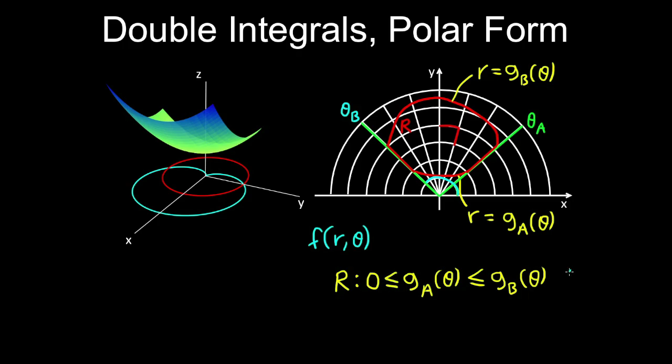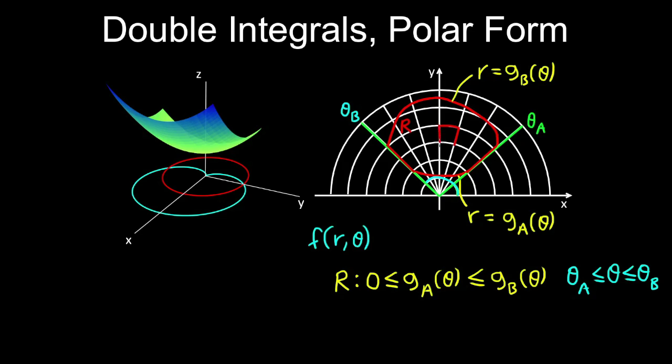So this is true for all values of theta between theta A and theta B. So essentially the region R lies in a fan-shaped region, as we can see.